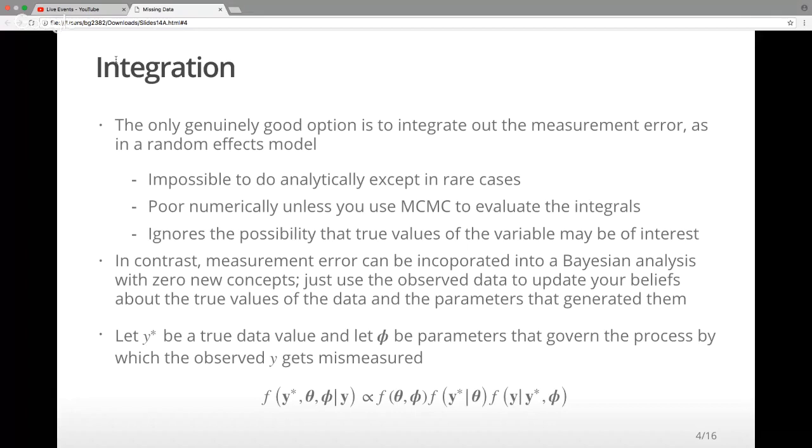Nothing is independent of anything. So theta in the posterior distribution is dependent with phi. Y star is dependent with theta and phi. So by updating our beliefs about any one thing, we update our beliefs about everything that's not independent of that.